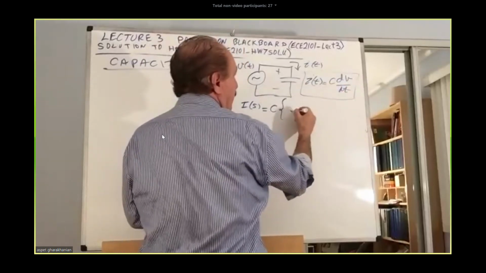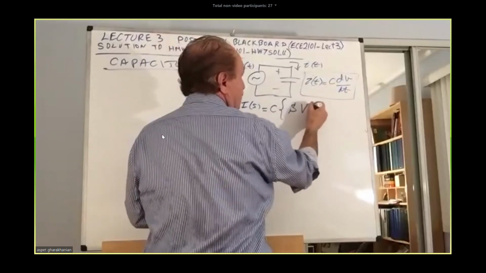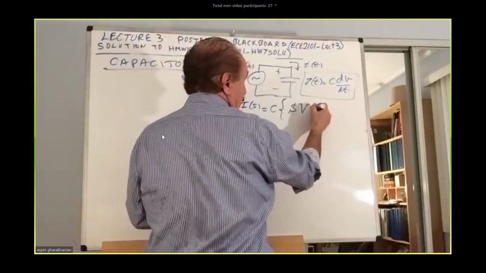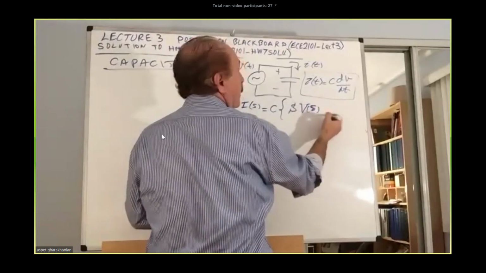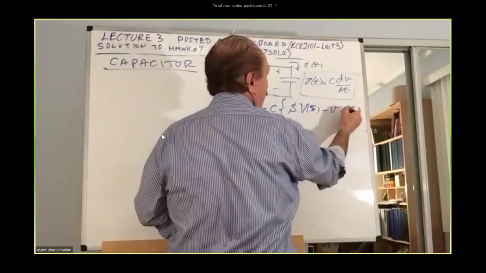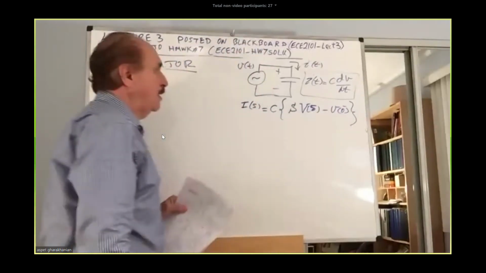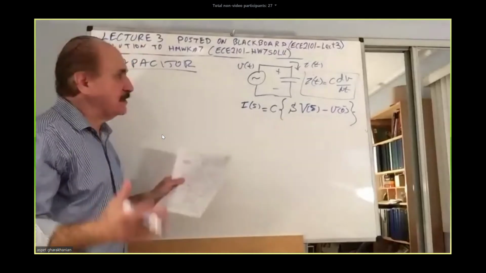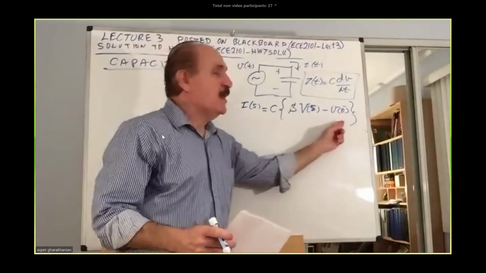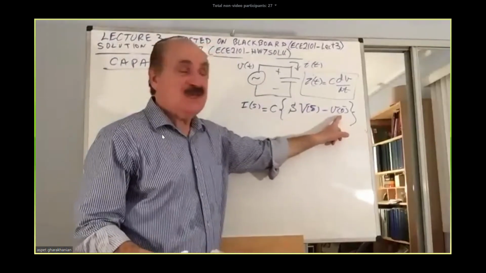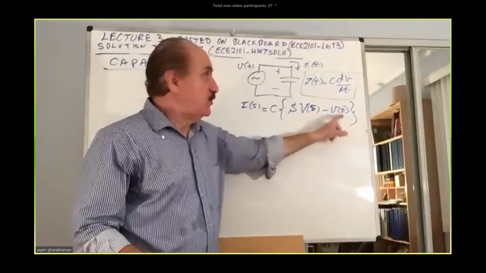So it will be s times the Laplace of voltage itself minus the initial voltage of the capacitor. That's it. This is the complete line for a capacitor possessing an initial value on it.